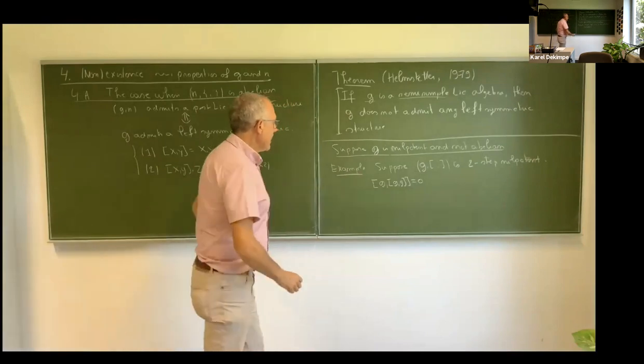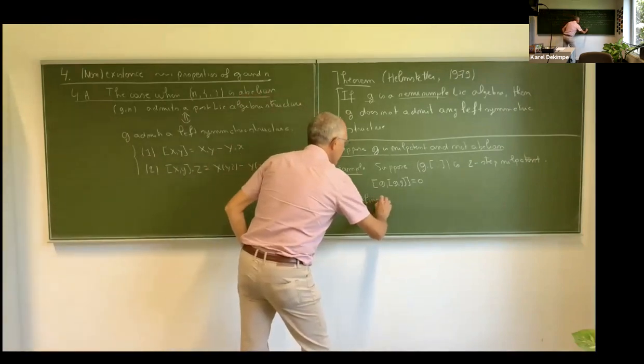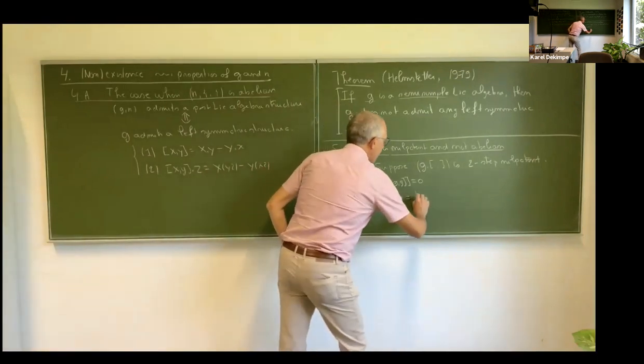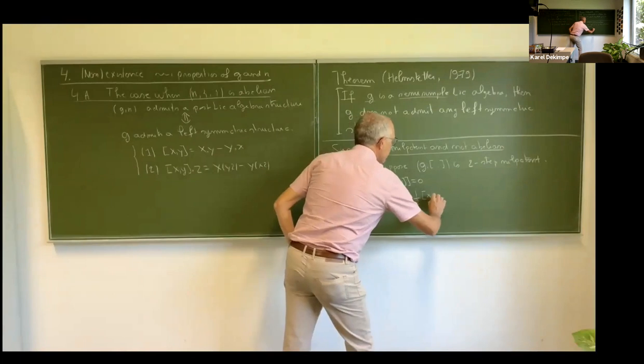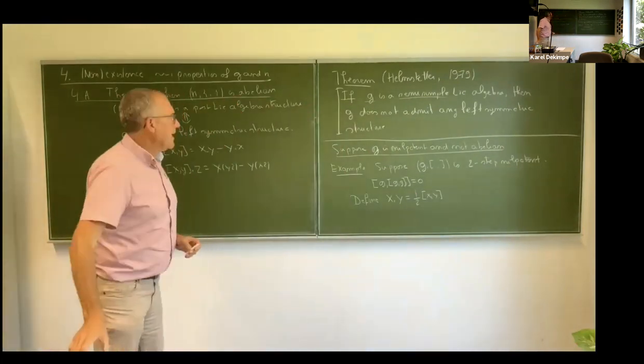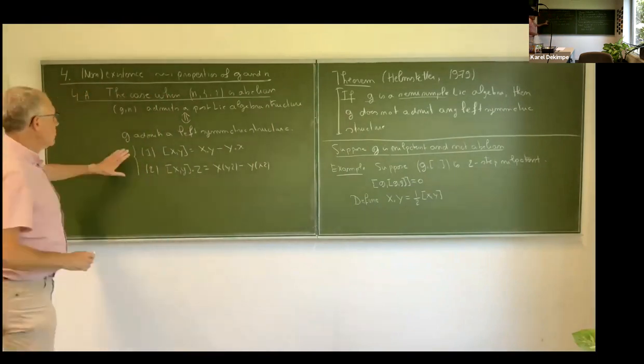Well, then we can define the product x dot y just as being half of the bracket. And then it's easy to check that in this case, the two conditions are satisfied.